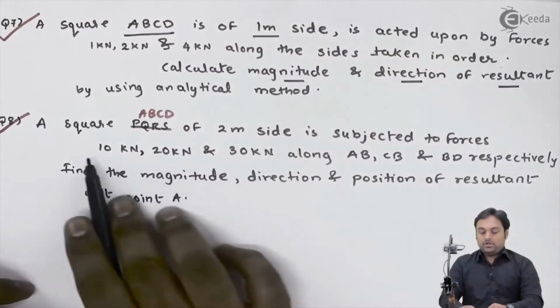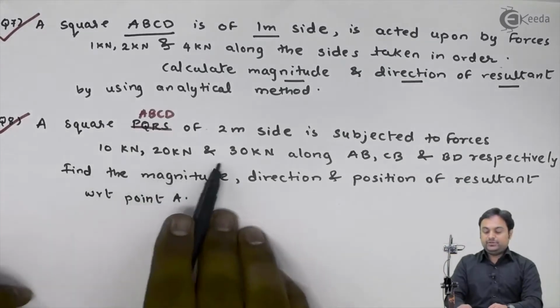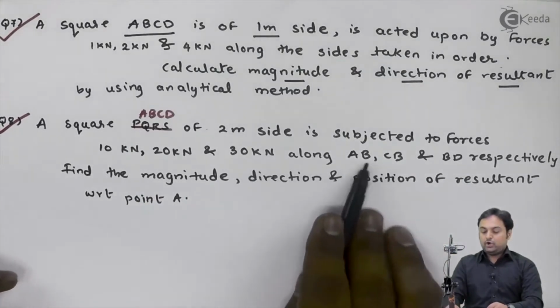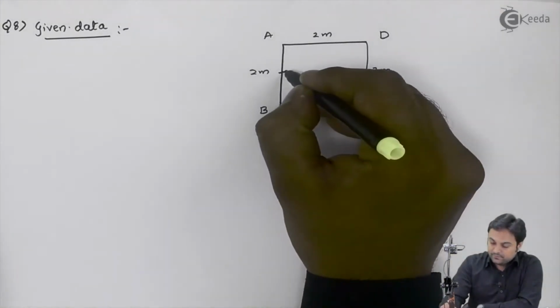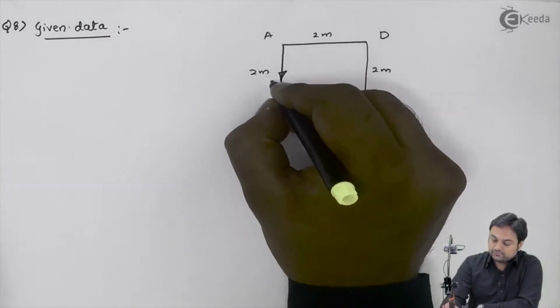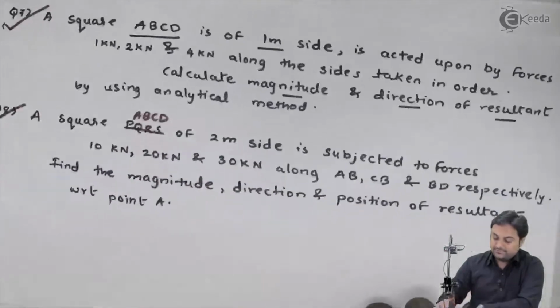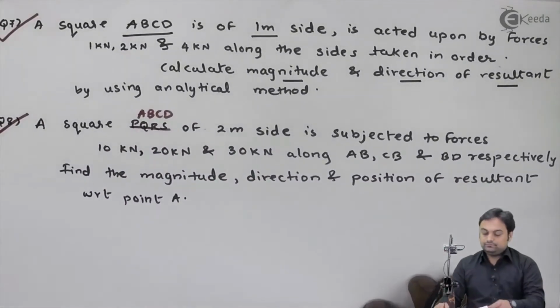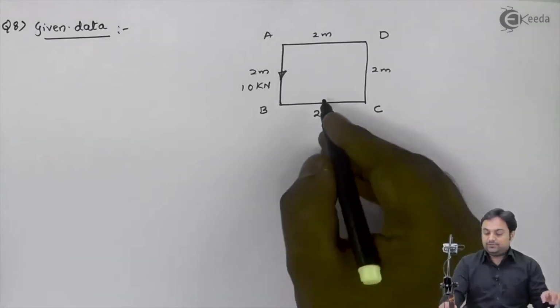A square ABCD of 2 meter side is subjected to forces 10, 20 and 30 kilonewton along AB. Means along AB we have 10 kilonewton. Next, along CB, or you can say along BC, it is 20 kilonewton.